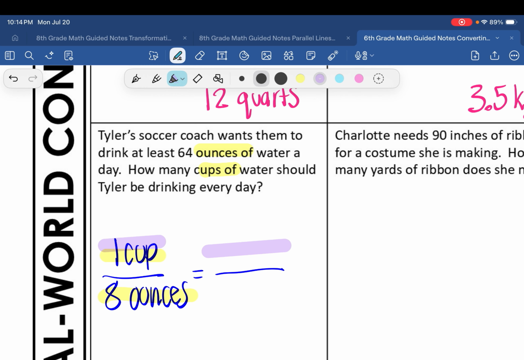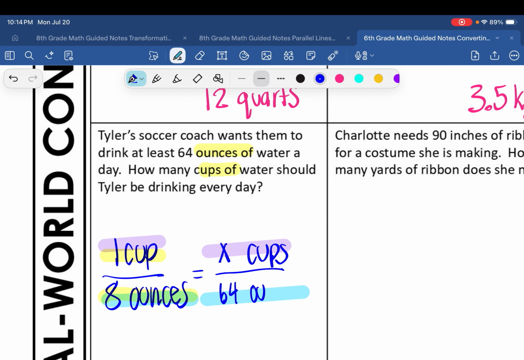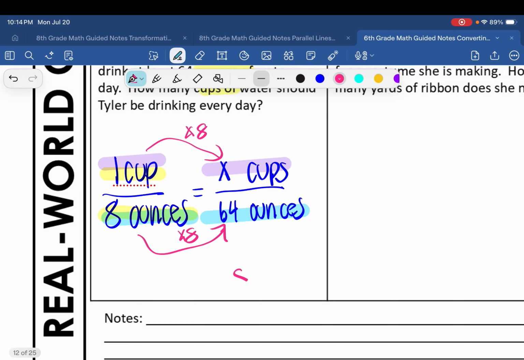But 1 cup, and I don't know how many cups, so we'll put X cups. And then my ounces on bottom, so I will keep my ounces on bottom, 8 ounces, and then I want that to be 64 ounces. So my multiplicative factor is 8 times what is 64, and that's 8. So 1 times 8 is 8, so he should be drinking 8 cups.